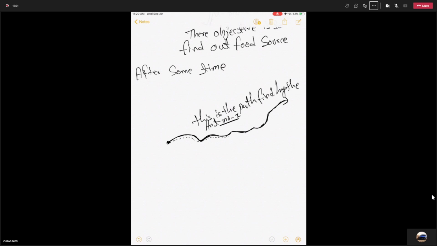Because I told you the chemical has the property to evaporate with time. If nobody is visiting that path again, the pheromones deposited toward the route are going to evaporate. Right? So this is the basic thing the ants find out, from the source to the food source. Assume that.